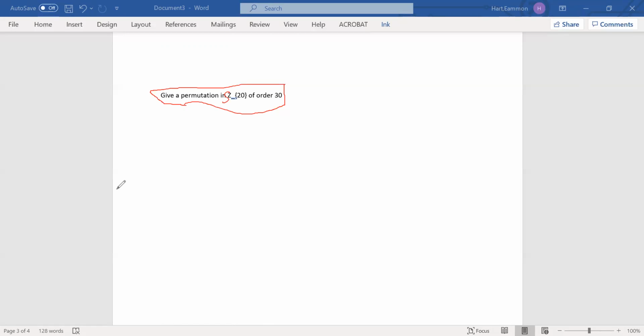Yeah, a 6 cycle with a 5 cycle works. So let's do (1 2 3 4 5 6) and (7 8 9 10 11).